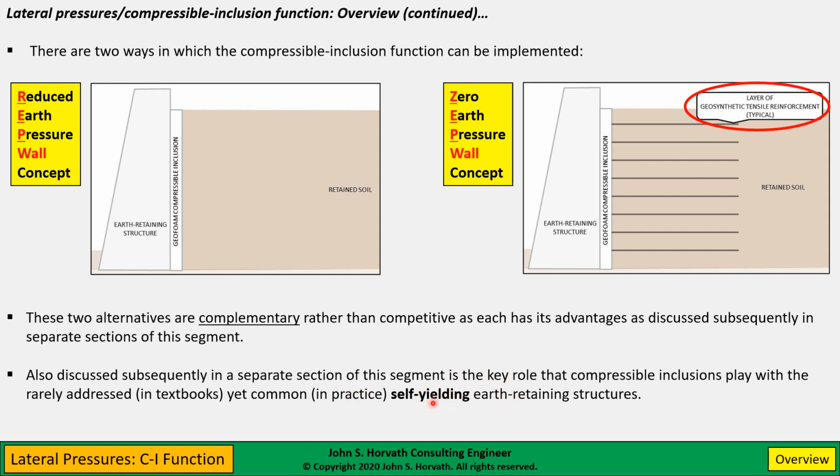This is clearly a type of earth retaining structure we should be talking about a lot more, even on the undergraduate level, so that an undergraduate engineer understands from the very early days of their civil engineering education that such structures exist.